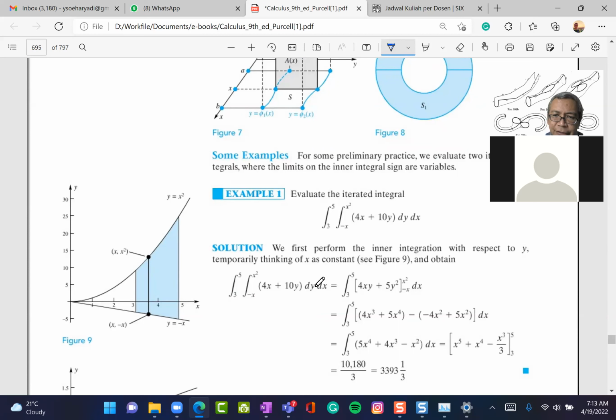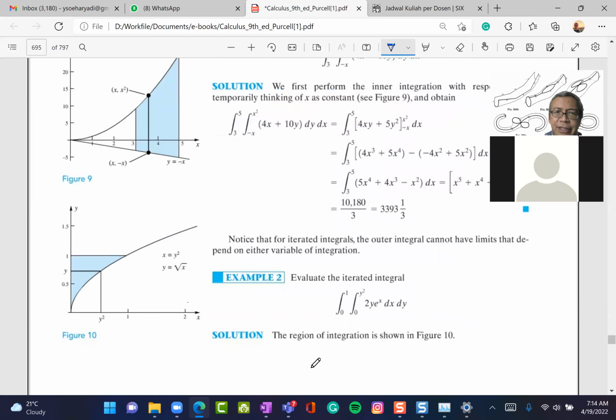So dy, integrate this one, and plug in the bounds x squared and minus x. After you integrate with respect to y, all the y will disappear, leaving you with just x, and then carry out the integration with respect to the x variable. That's what you get.